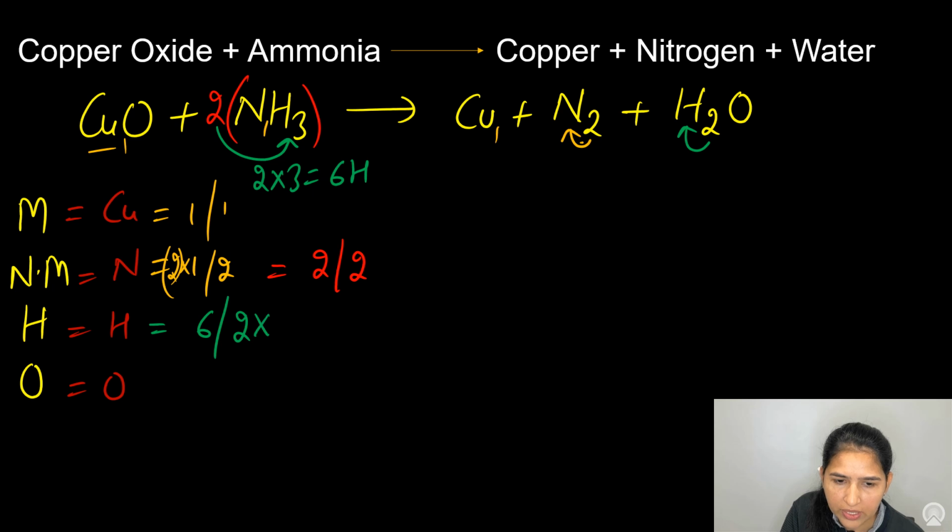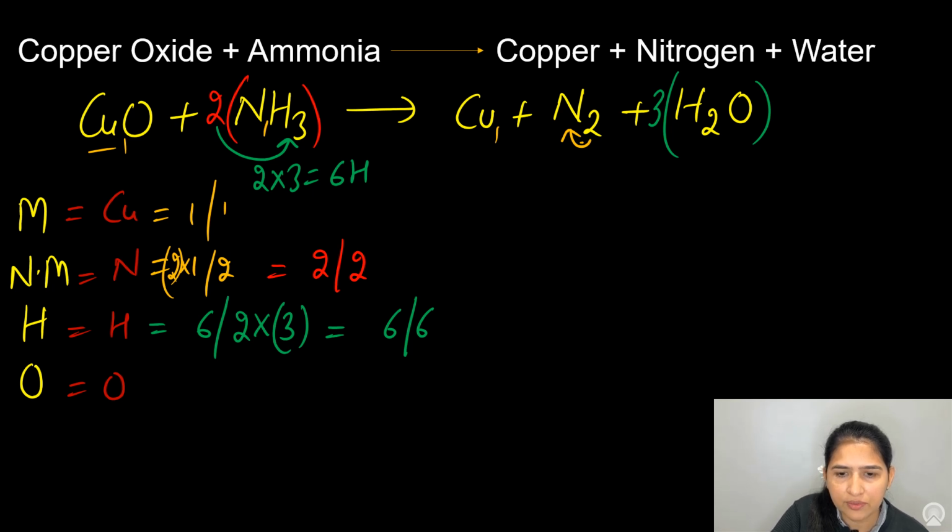So you know what I have to do, I have to make it times 3. When I make it times 3, I can easily get 6 of 6. As water is a molecule, I have to put the bracket first, then write down 3 here. So by writing down 3, I can easily get 6 hydrogen on the right hand side as well.